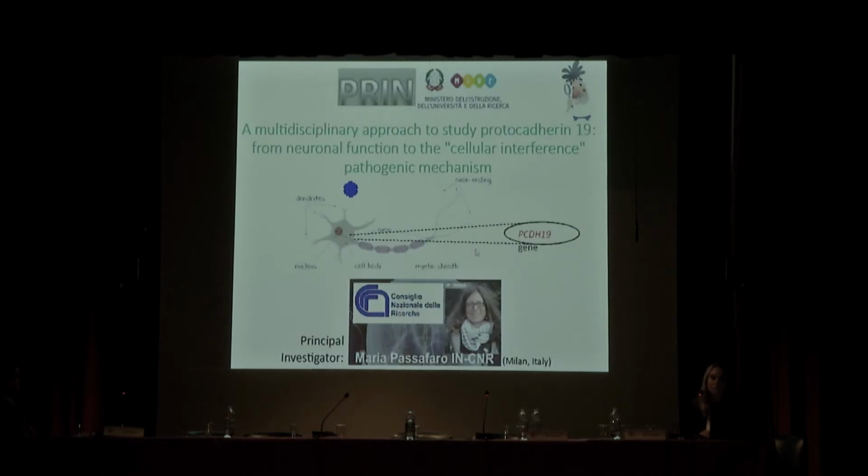Thanks to funding from the Italian Ministry of University and Research, we recently started the activity regarding the project entitled A Multidisciplinary Approach to Study Protocadherin 19 from neuronal function to the cellular interference pathogenic mechanism, where the principal investigator is Maria Passafaro from CNR in Milan.